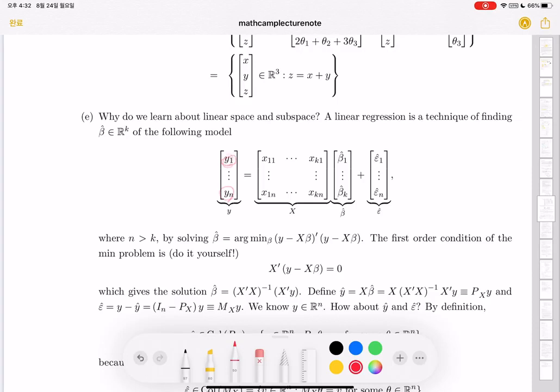So this matrix notation is the matrix form of the following linear regression model. y_i equals x_1i beta 1 plus x_2i beta 2 plus ... plus x_ki beta k plus epsilon_i.